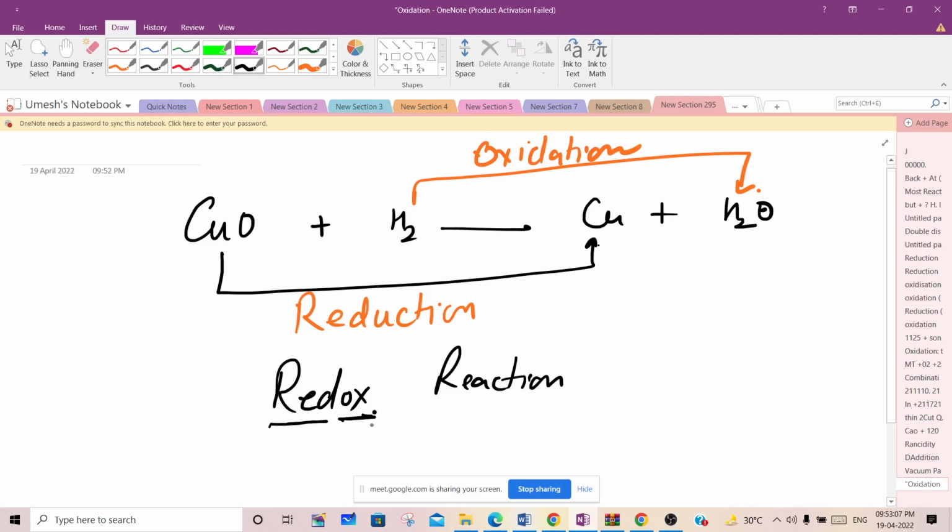It means the reaction in which one substance is oxidized and the other substance is reduced is called a redox reaction. Am I clear? Yes, sir.